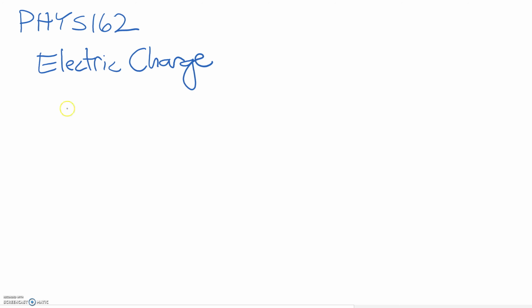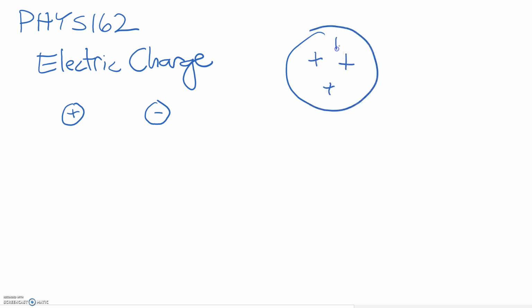It turns out that there are two kinds of electric charge. There are positive kinds and negative kinds. And you can have a lot of charges in an object. So maybe if you have a lot of positive charges, then we say this has a big plus Q. We're going to use Q for charge.